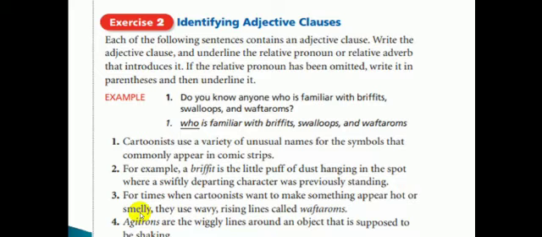Agitrons are the wiggly lines around an object that is supposed to be shaking. The same idea we have here with that, the relative pronoun. That is supposed to be shaking is an adjective clause.